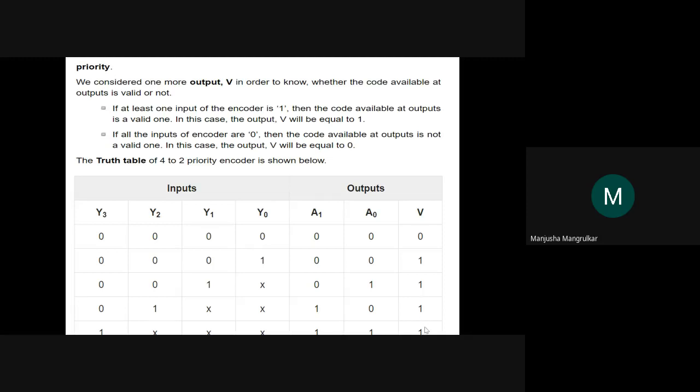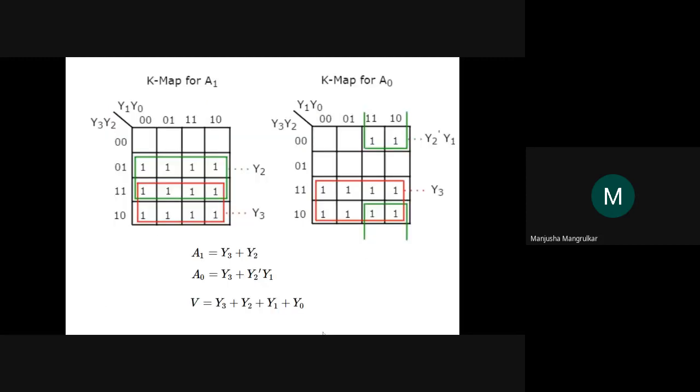Now here we have three outputs. V is equal to Y0, Y1, Y2, Y3, right? A0 is equal to Y1 plus Y3, and A1 is equal to Y2 plus Y3, right? We'll see A1 is equal to Y2 plus Y3, A0 is equal to Y3.